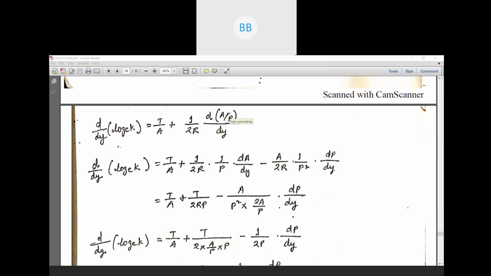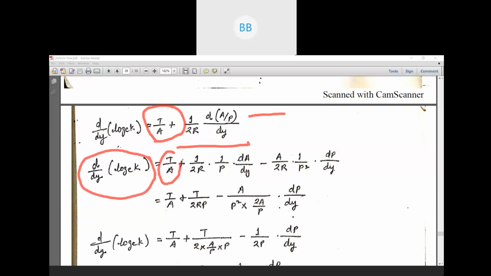So after replacing R and dA by dy as the top width by A, this is the expression you are going to get. So this is in the left hand side, this we have also kept constant.